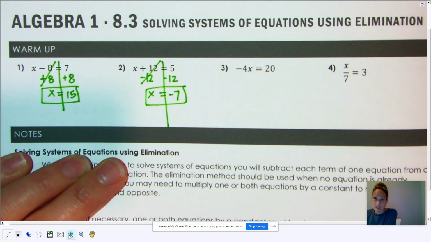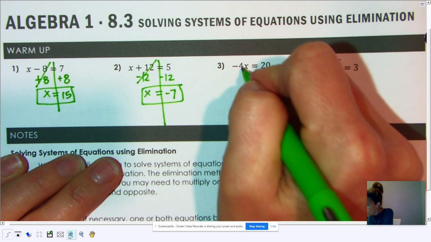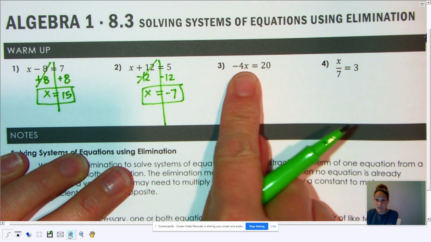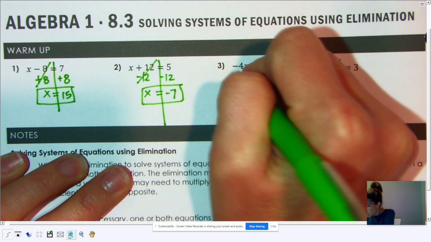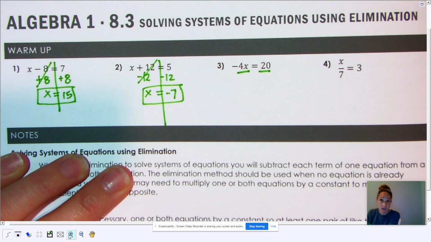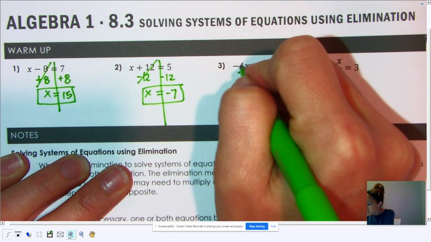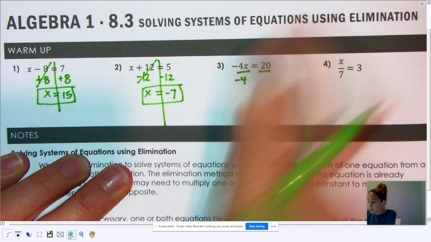Okay, question number 3, the inverse operation of multiply, which is what I have here. Anytime a number touches a letter, it means multiplication. So I'm going to do division. And the way that I show division in algebra is with the fraction bar. Please, please, please do not write the little line with the 2 dots. Don't do that. In algebra, we show our division with a fraction bar. And I have to divide by whatever is being multiplied.